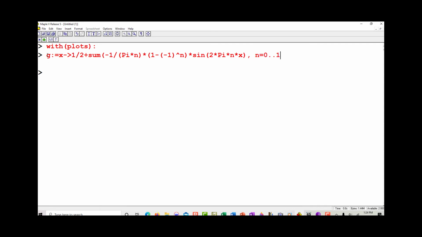I'm going to have n go from 0 to 10 to begin with. And I'm going to plot this function g of x, which may or may not be close to f of x. I'm going to go from 0 to 2. I'm going to set my view frame to go from 0 to 2 on the x, from negative 1 to 2 on the y.